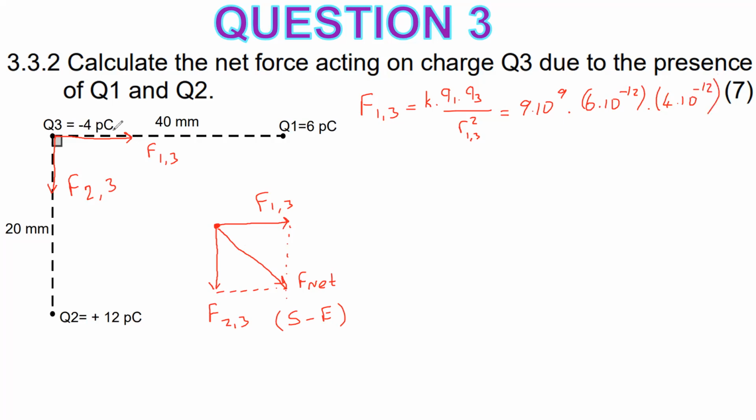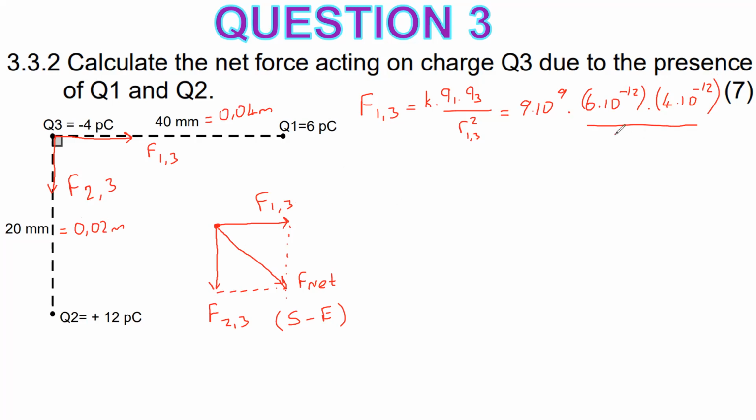That's also pico. And distance. We said we must use meters. 40 millimeters, how many meters? Divide by 1,000. So 0.04 meters. And this one also, let's convert from now, 0.02 meters. We must use meters to get force in Newtons.